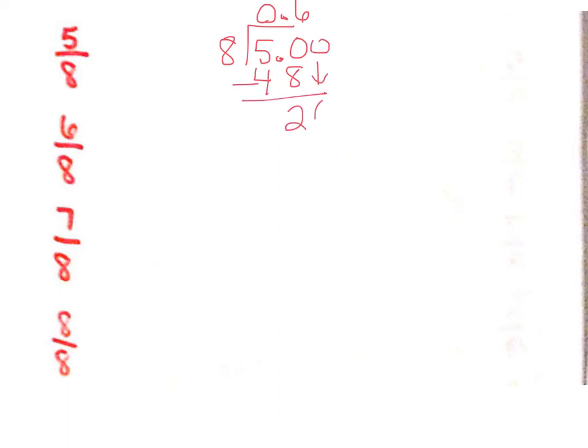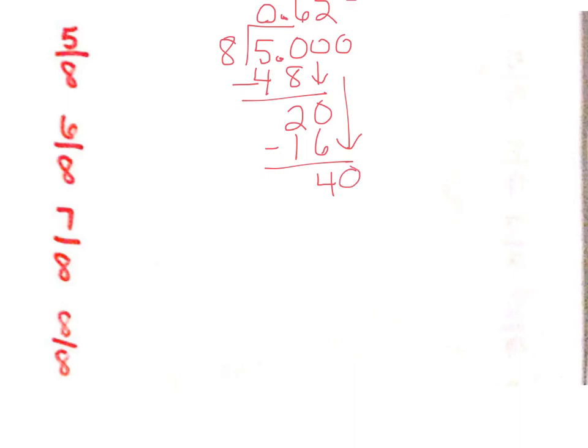5/8 does not simplify, so we'll have to divide to figure out its decimal. 5 divided by 8, numerator in the box. 8 goes into 5 0 times, so we have to add a decimal and a 0 and continue. 8 goes into 50 6 times. 6 times 8 is 48. Subtract 2 and bring down. 8 goes into 20 twice. 16, subtract 4 and bring down.